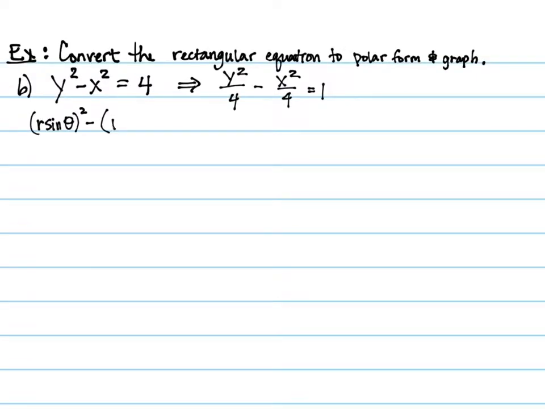Yeah, r cosine of theta, which we'll now have squared, and it equals 4. All right, so r sine theta squared would be r squared sine squared theta minus r squared cosine squared of theta.